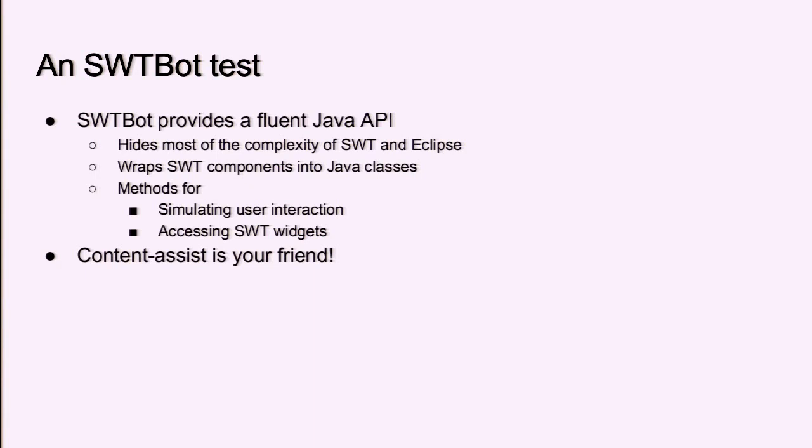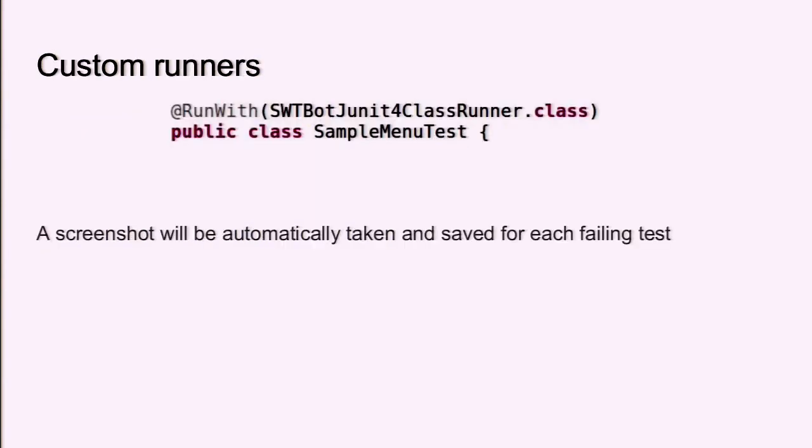And in this class, you have methods to simulate user interactions, like select something, click on something, and you can access the widgets in this wrapper. In the end, if you want to start, Content Assist will be your best friend, because it provides a fluent Java API DSL.